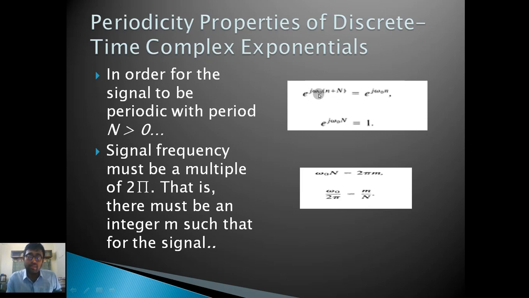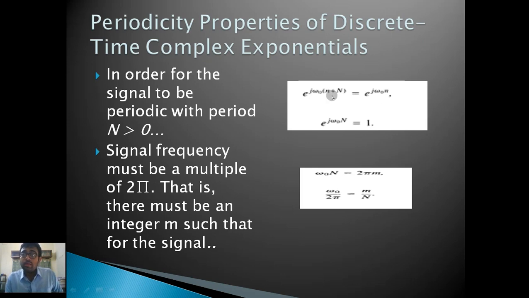Omega 0 refers to the fundamental frequency. Omega is equal to 2 pi f, where f is the frequency, f0 is the fundamental frequency, and omega 0 is 2 pi f0. All fundamental quantities are expressed with suffix 0, such as T0, f0 or omega 0.